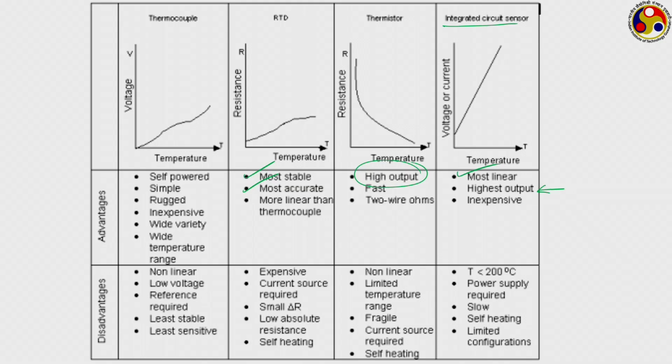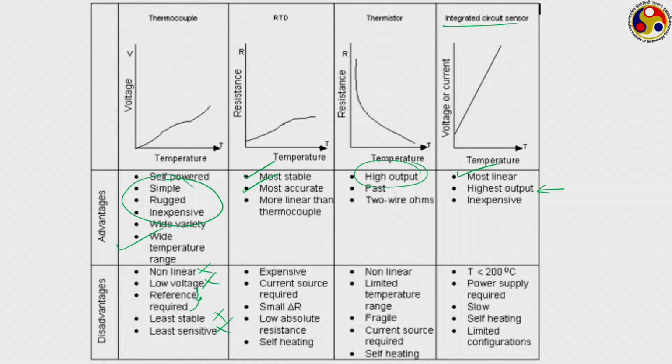Thermocouples have several disadvantages: non-linearity, quite low voltage output, they are much less stable and less sensitive compared to RTDs, and we need a reference temperature. However, their biggest advantages are simplicity, inexpensiveness and ruggedness, and they can give a very high temperature range, particularly compared with thermistors or IC based sensors. Compared with semiconductor based devices, they give a very wide range.